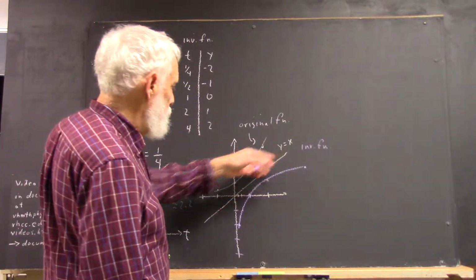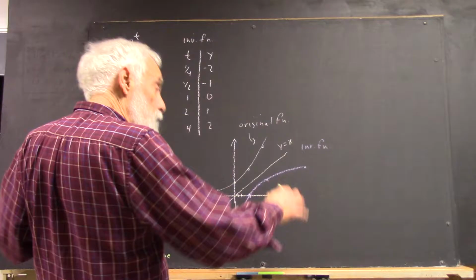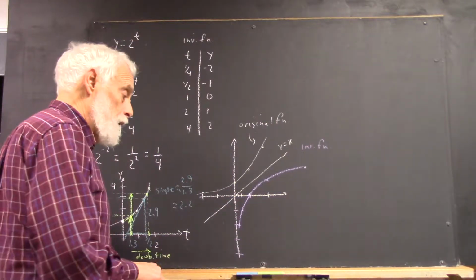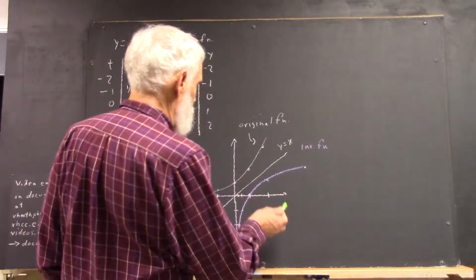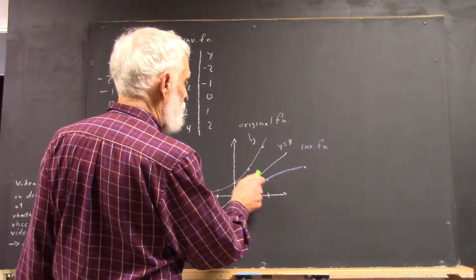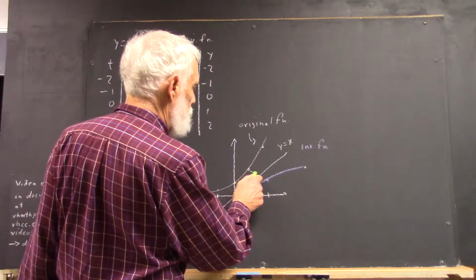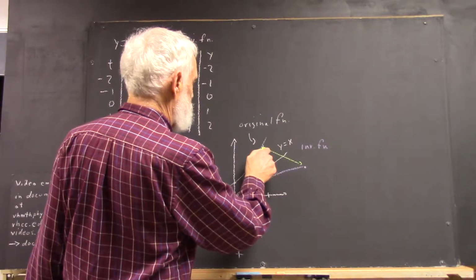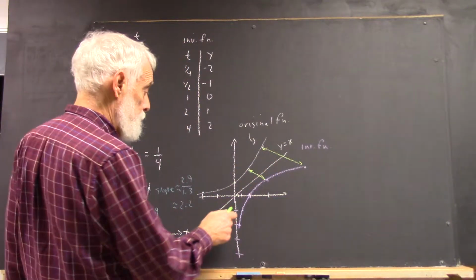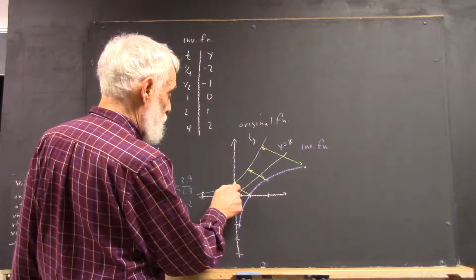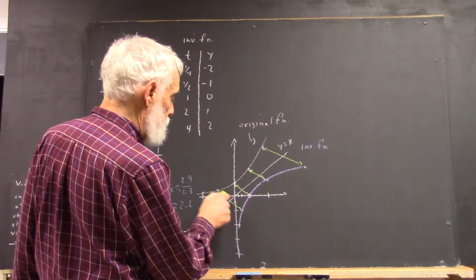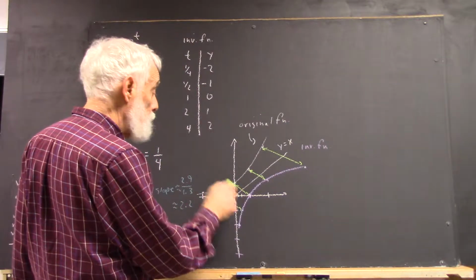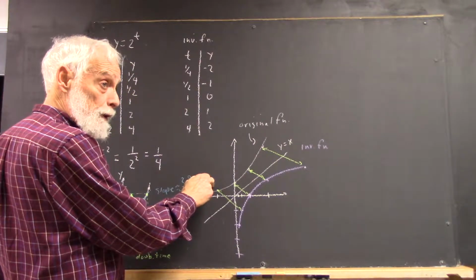If this line is drawn accurately and the two graphs are drawn accurately, then you can associate each point of this graph with the corresponding point of this one. Okay? Now each of the points here has the reverse of the coordinates of the point here.